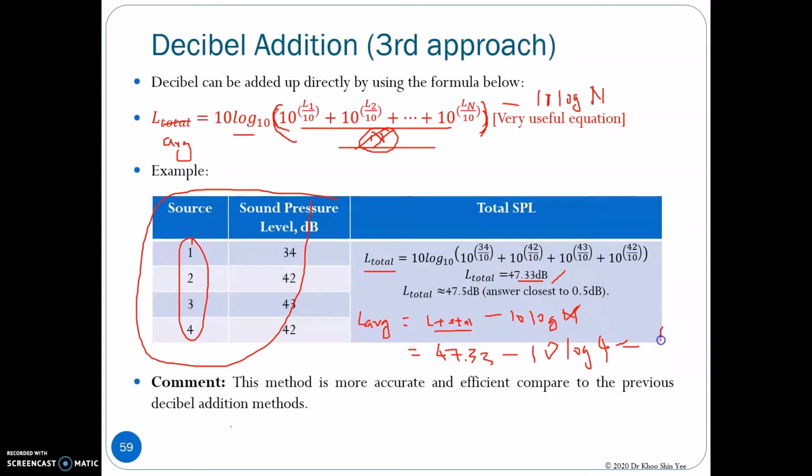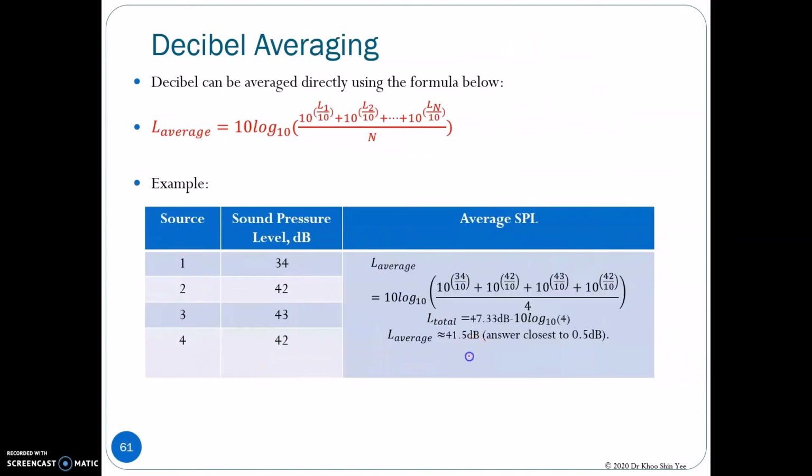So the final answer will be equal to 41.3. And the closest answer to 0.5 dB is equal to 41.5 dB. So you obtain the same answer here. Alternatively, L average is equal to the L total minus 10 log N.